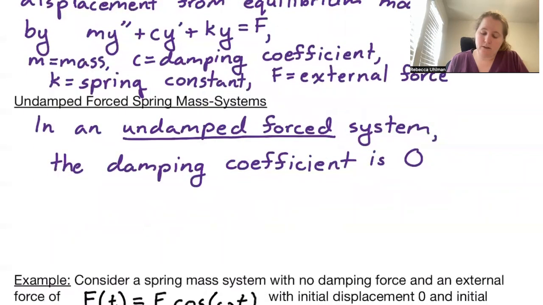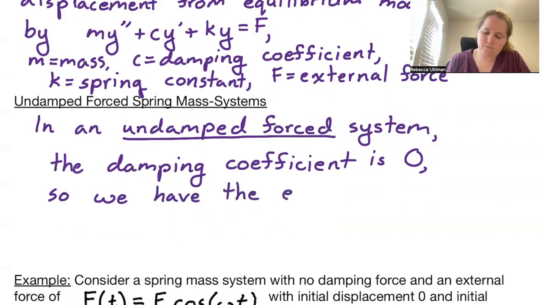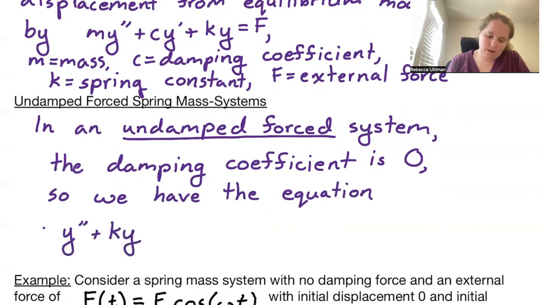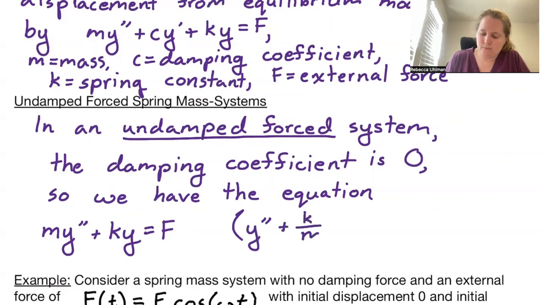So we have the equation my double prime plus ky is equal to F, or y double prime plus k over m y is equal to F over m.